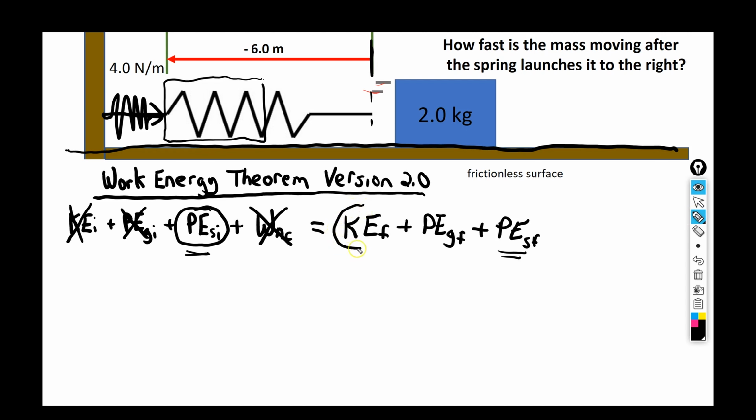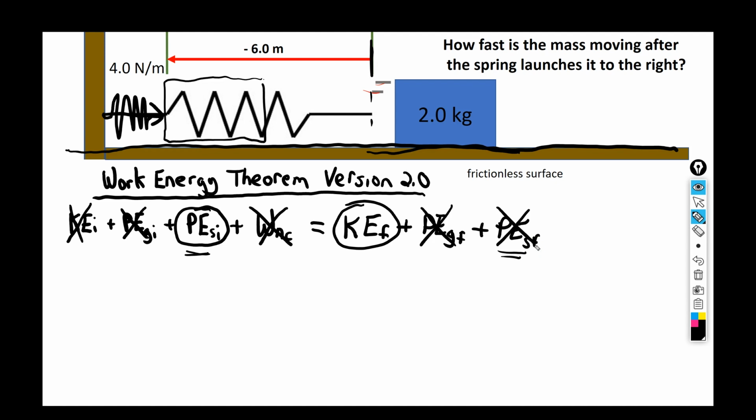It does have kinetic energy, but it's still on the same ground reference level, so there isn't any gravitational potential energy. And the spring is no longer pushing on it, so there isn't any elastic potential energy.